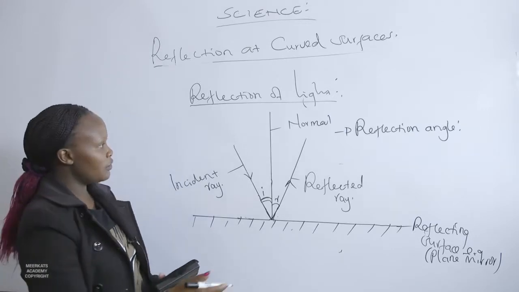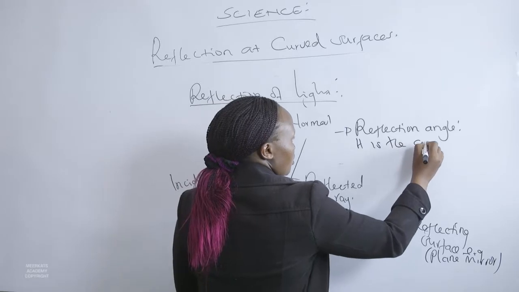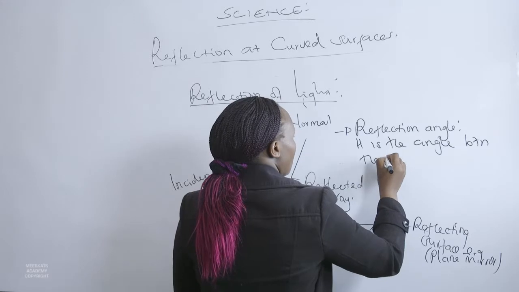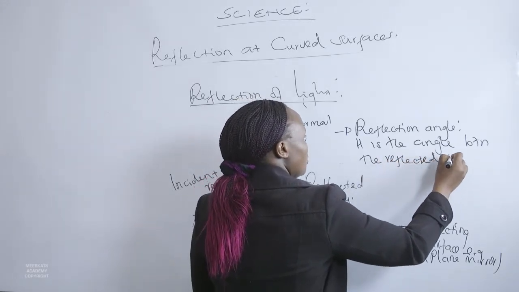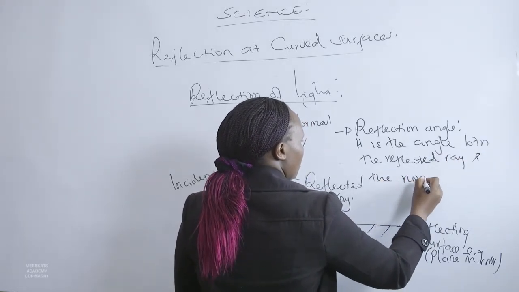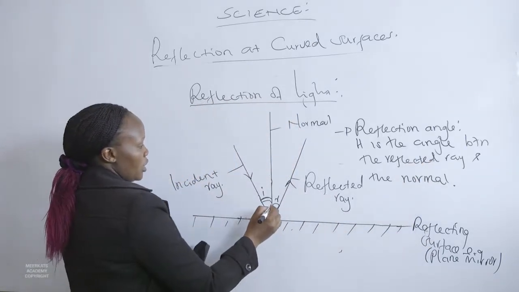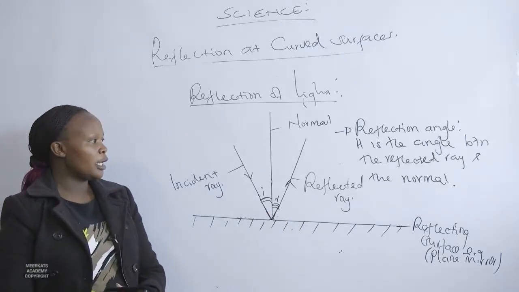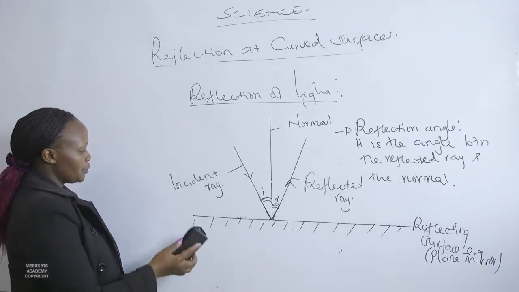Again, we will define it as the angle between the reflected ray and the normal. This one here that we are calling capital R, this angle between the two rays is what we call the reflected angle.